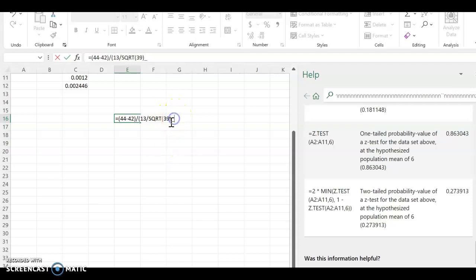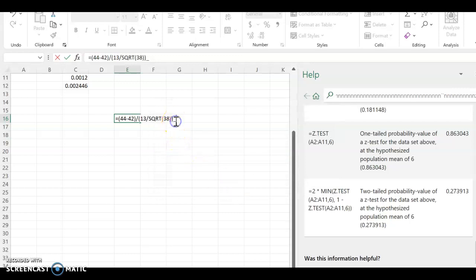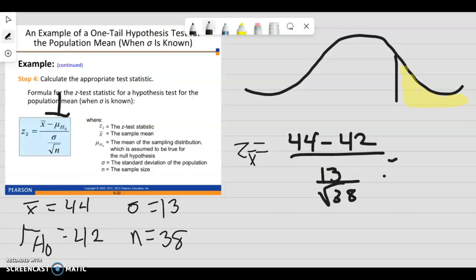And you can do this on another calculator. You just want to get the answer first. Let's see, 13 divided by the square root of 38. Okay, so we get 0.94, and we're going to round that to 2 decimal places. So we are going to put 0.95. So that is our test statistic that we're going to test.